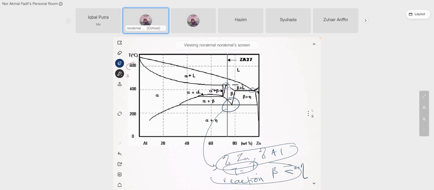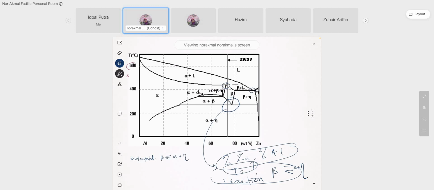For example, eutectoid, or you give the name eutectoid reaction. And then inside the diagram, you may obtain beta transform into alpha plus eta. The composition is how many percent?